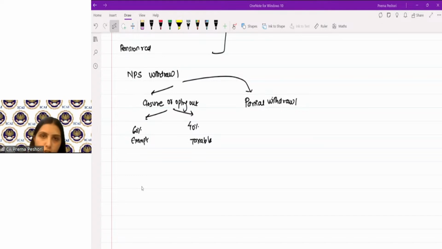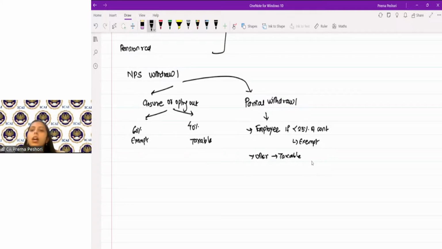So this partial withdrawal, only for the employee, if less than 25% of contribution, is exempt. Otherwise, it is taxable. Are we clear? Any doubt?